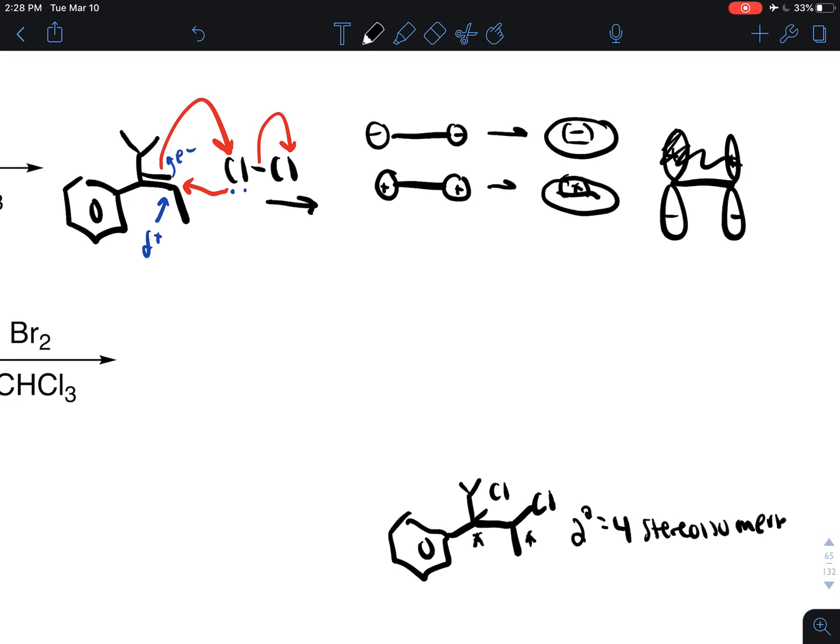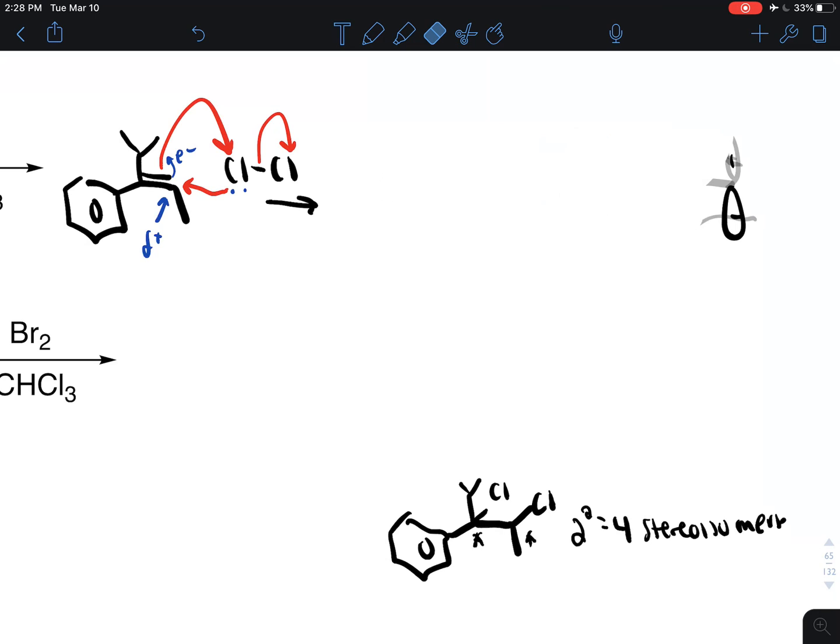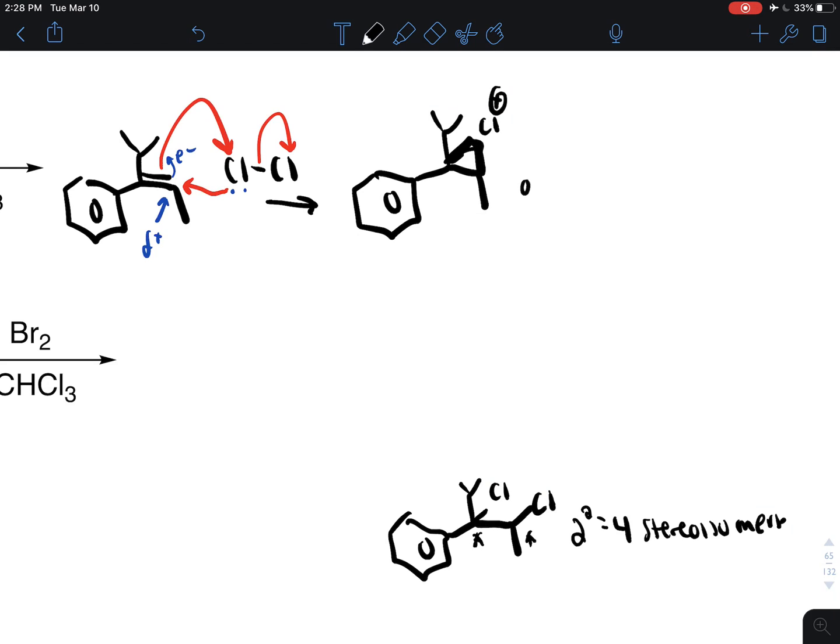The positive phases, you can attack one face, or the negative phases, you could attack the other face. Okay? So that's what we're talking about here with pi bonds. So essentially, that bridge could have formed on the wedge configuration if it attacked the front face or the positive face of that orbital, or it could have attacked the back face.